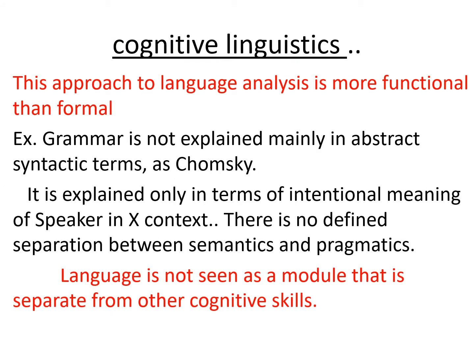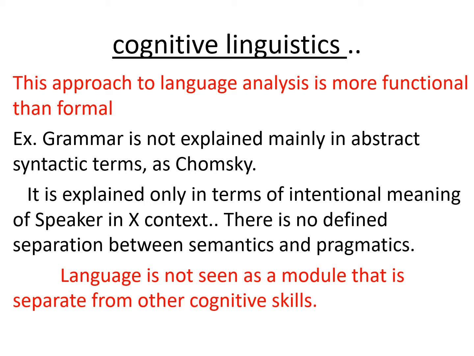We believe that cognitive linguistics is more functional, not as formal as structural or generativist linguistics like Chomsky's. So we're more concerned with the functions of language, the usage of language, basically.